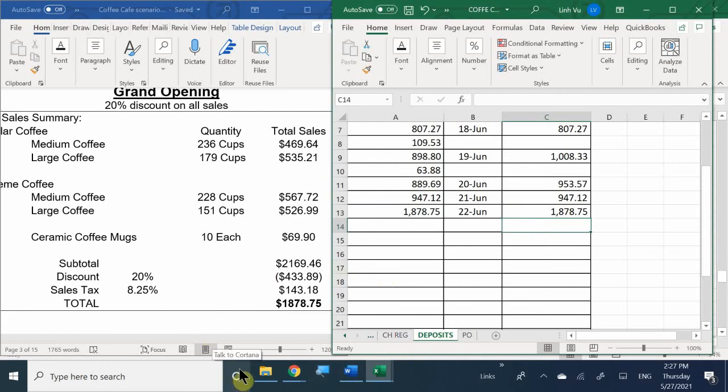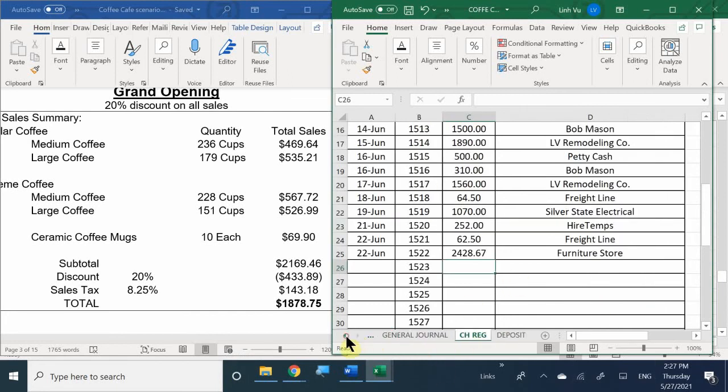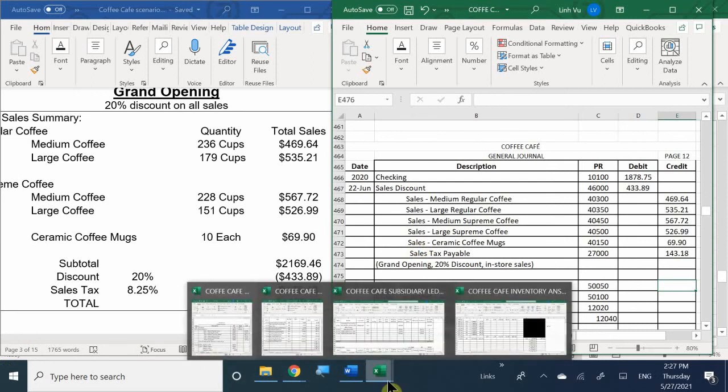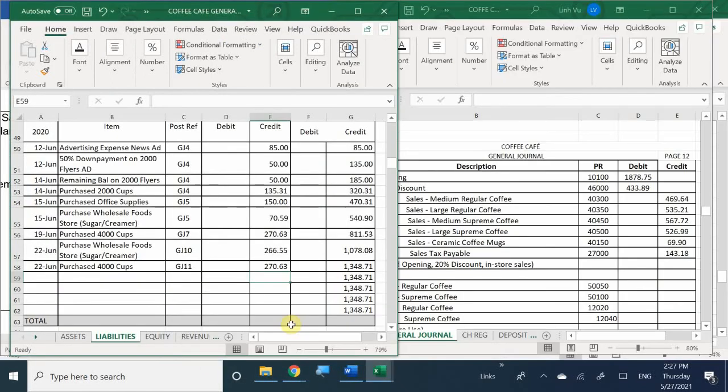Still our grand opening 20% discount in store. First thing is first, our general ledger. $622 in store sales.